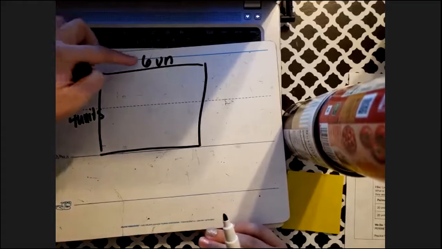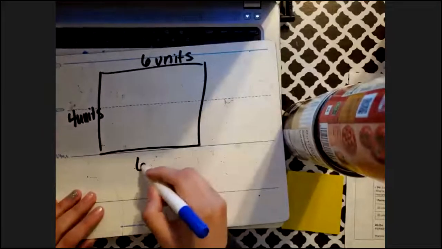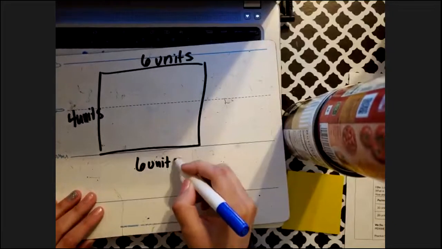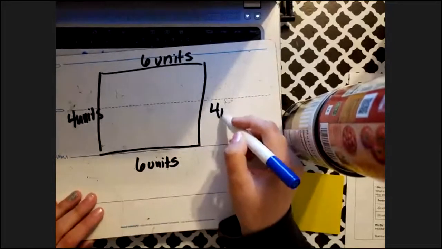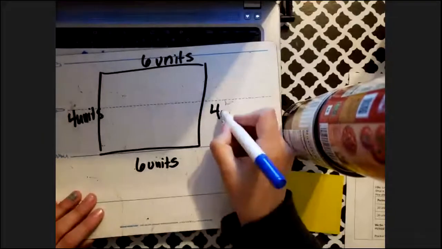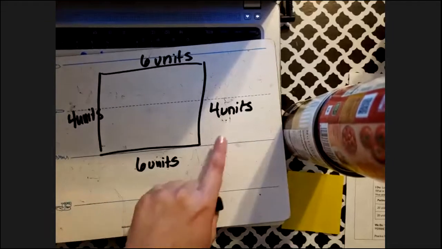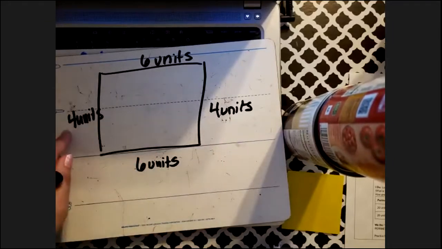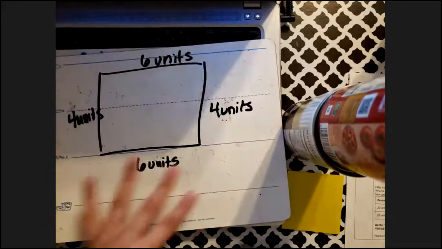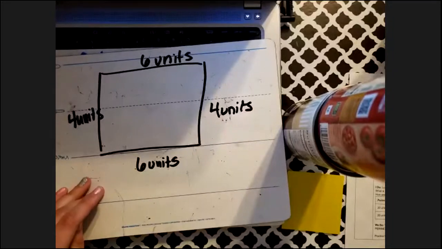So if I do 6 units and then 4 units, I already know over here, this is also going to be 6 units and 4 units. I messed up the way I spelled units there. So I'm doing 6 plus 4 plus 6 plus 4, or 6 plus 6 plus 4 plus 4. It doesn't matter the order that you add these numbers in, you're still going to get 20 because of the commutative property, okay?